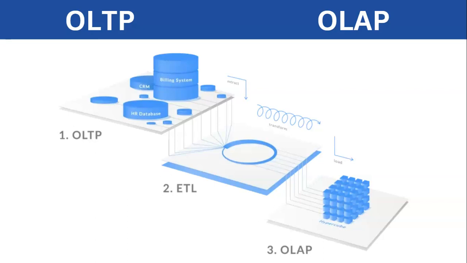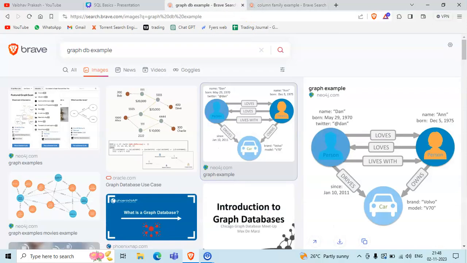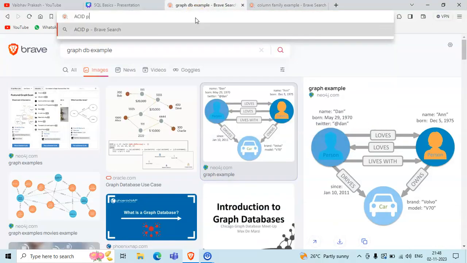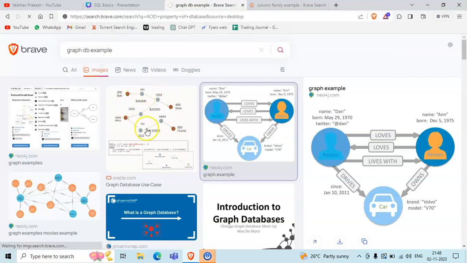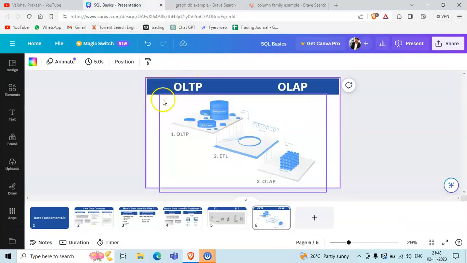The second property of OLTP is the ACID property. ACID stands for atomicity, consistency, isolation and, let me just recall one thing, durability.